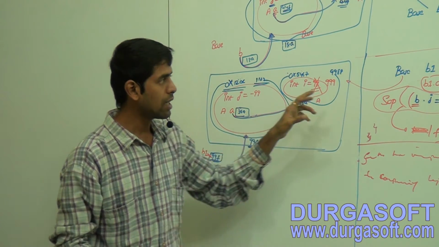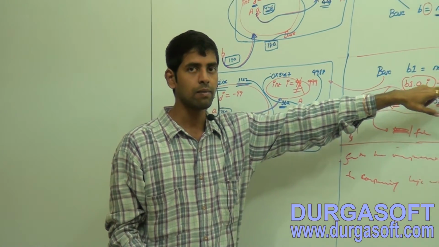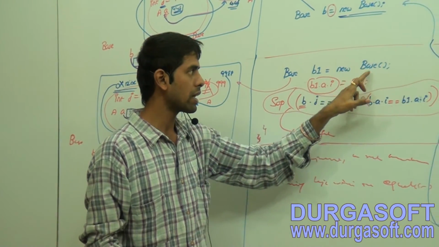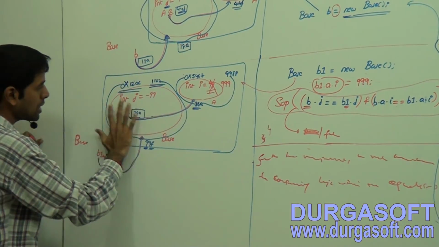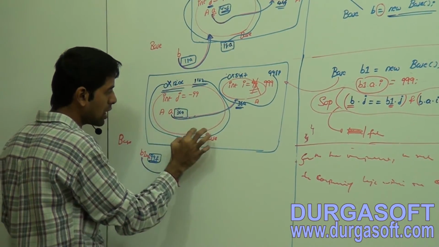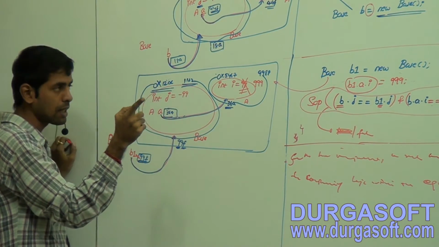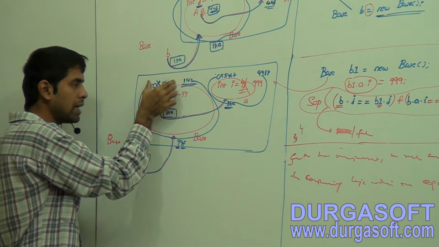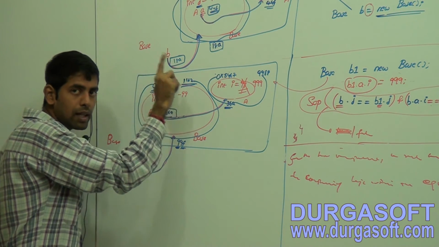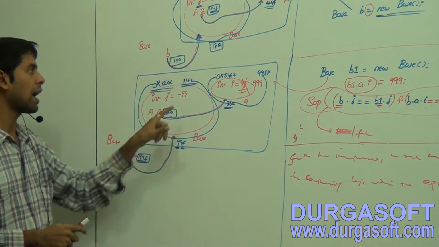Now I created one more object here. Because of the new keyword and constructor, these things have happened. One more object is created, having a different address, and its approximate integer value is the hash code.